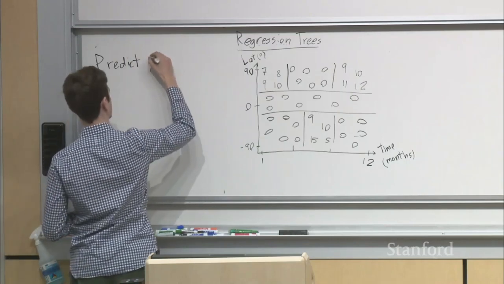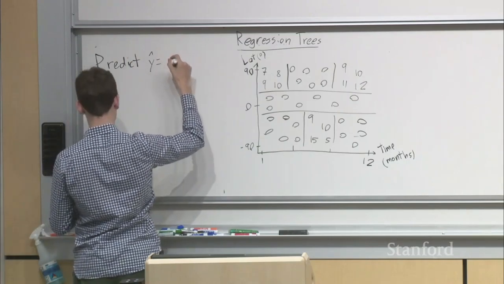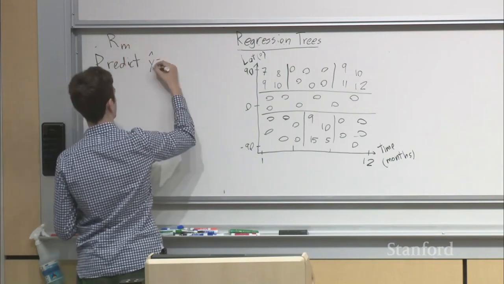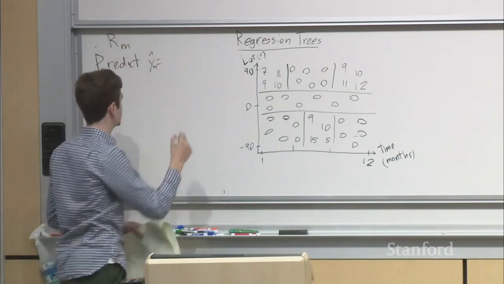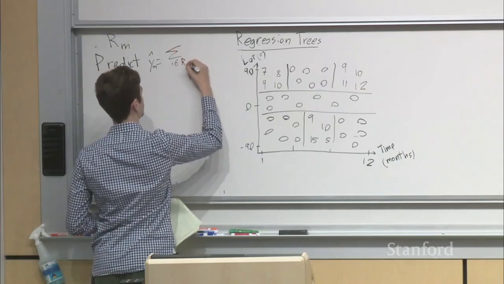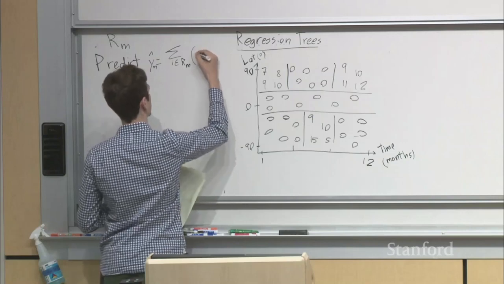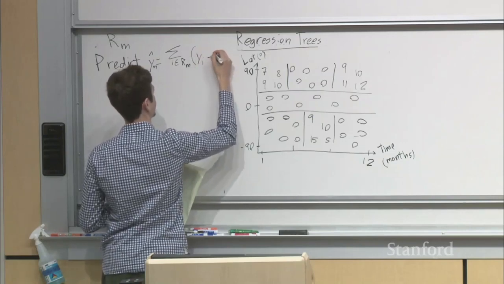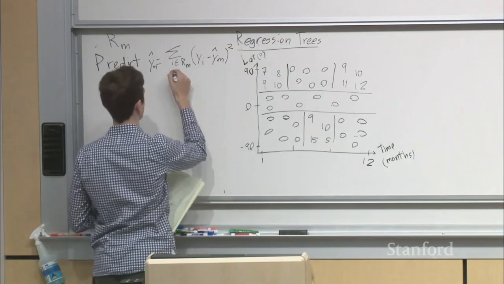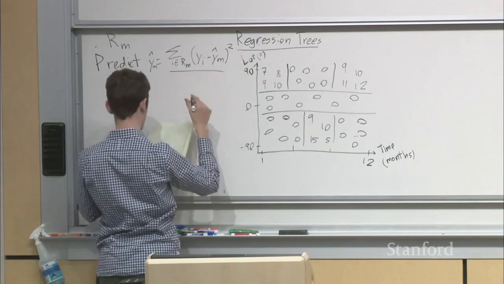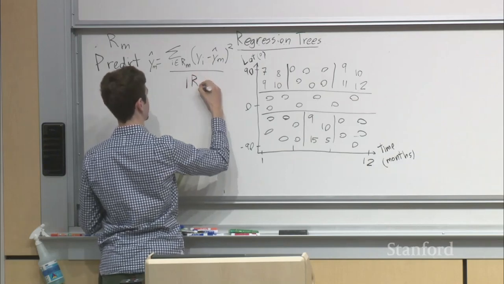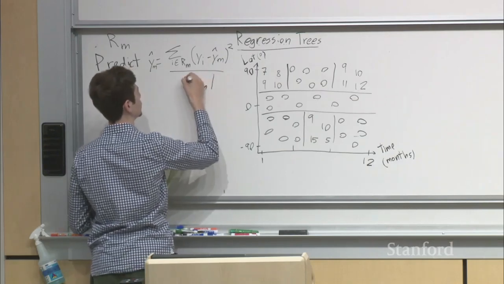So you're predicting y hat, where, pretend you have a region Rm, you're predicting y hat of m, which is the sum of all the indices in Rm, yi minus y hat m. And you want the squared loss, and then you want to normalize by the overall cardinality of Rm, or how many points you have in Rm.